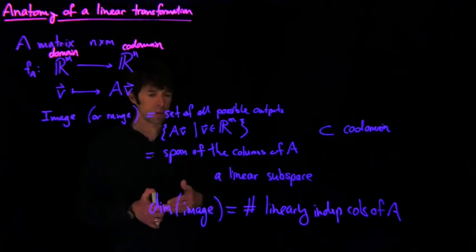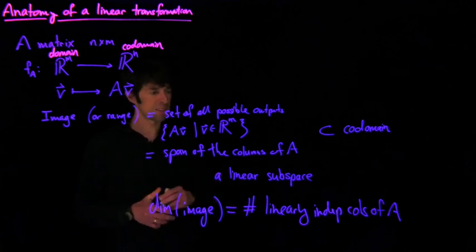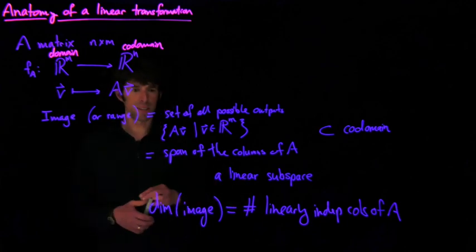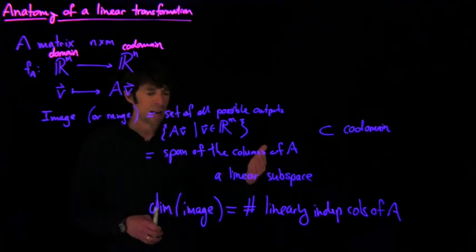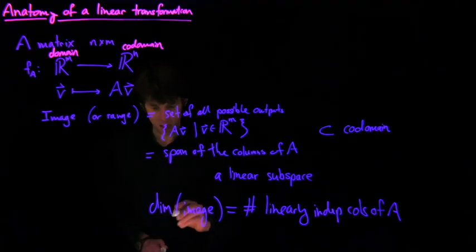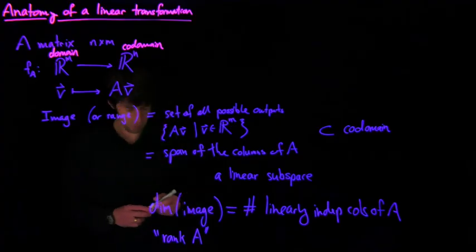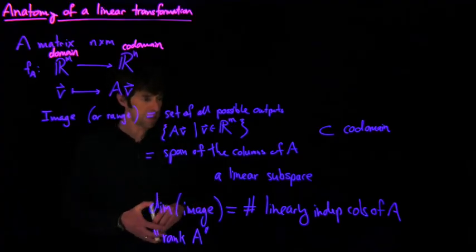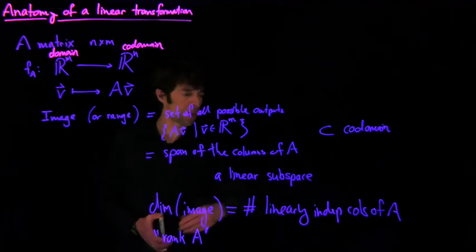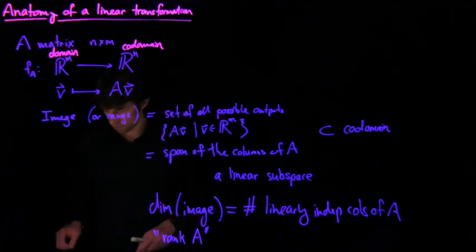And so you've constructed something which spans the image and is linearly independent, so you've got now a basis for the image of this matrix, and you count how many vectors you have there, and that is the dimension of the image. And this has a name. We call this the rank of the matrix A. So the rank is just the dimension of the image, which can be calculated by saying how many linearly independent columns can you find in that matrix.